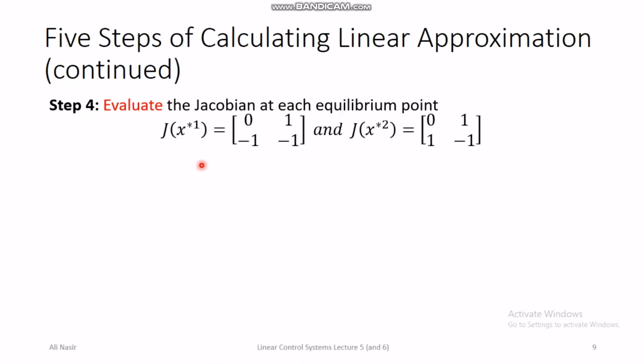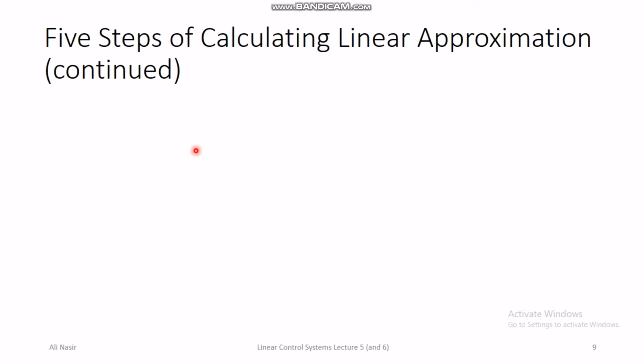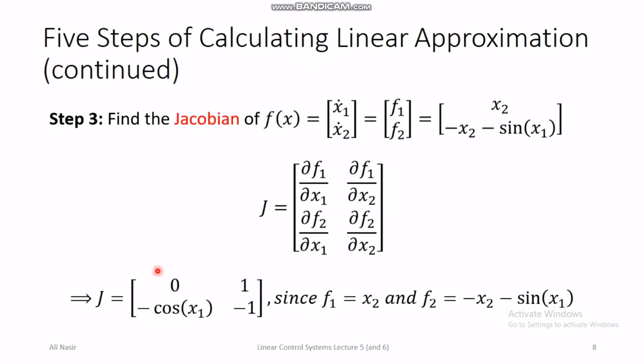So if we evaluate this Jacobian matrix at x1 equal to 0 and x2 equal to 0, then this term has x1. If we put x1 equal to 0, then cos of 0 is 1 and this minus will prevail. So the matrix will become 0 1 minus 1 minus 1.